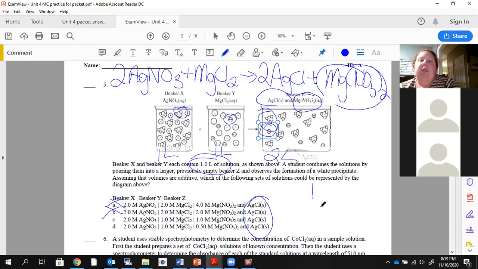But that's going to be out of twice the volume. So it's not going to be 1 part of magnesium nitrate, it's going to be half a part. So that gets me to D, where I've got that 0.5 molar of the magnesium nitrate.